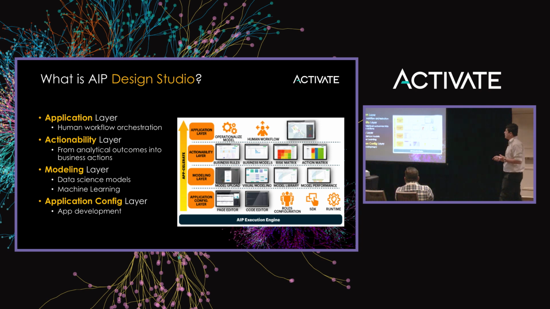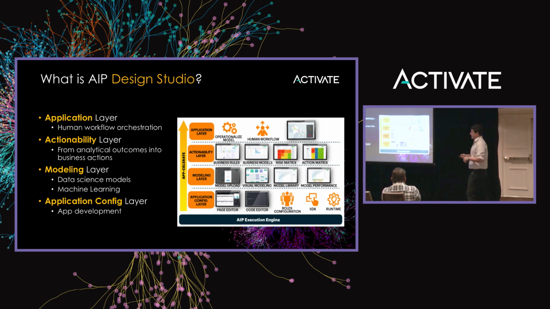We also have the modeling layer, which is basically the data scientist's playground. This is where the data scientists can create their models. They can compare each one of the different models that they create, and then they can deploy whatever model they are happy with in order for the business users to use in another stage of the application.